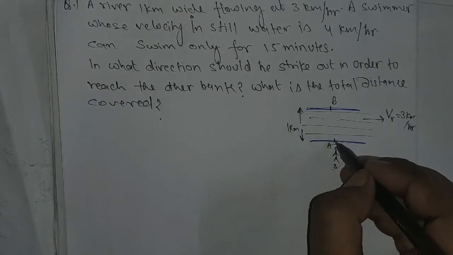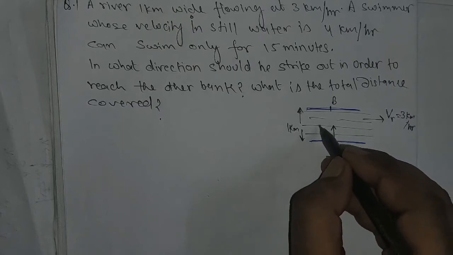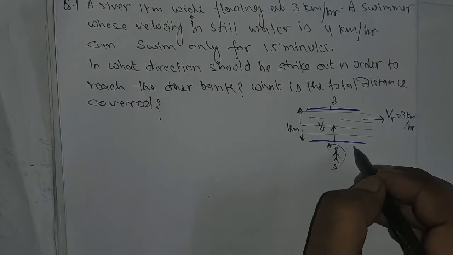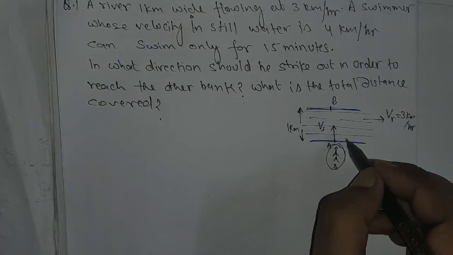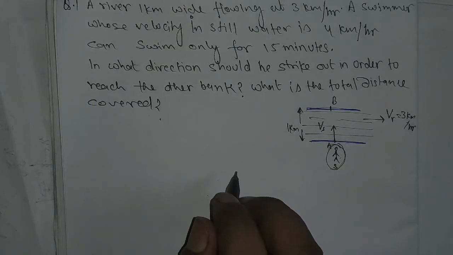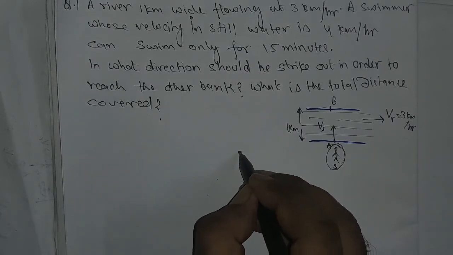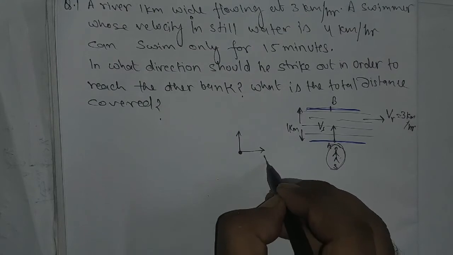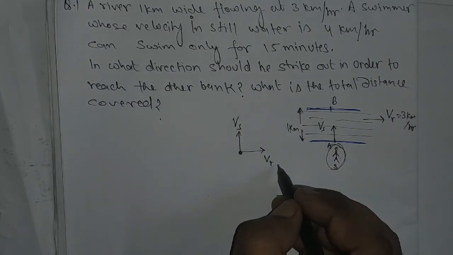Then he jumps and his velocity along the vertical direction will be Vs. So student, when he jumps into the river, the two velocities will act on him simultaneously. See, this diagram is a free body diagram actually. Vs is the velocity of the swimmer.